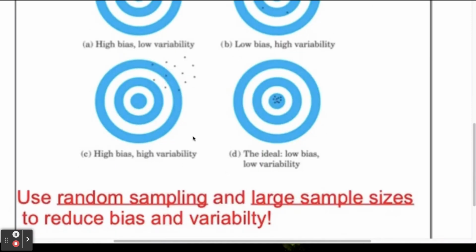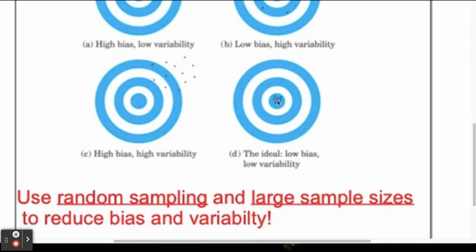Example C, high bias and high variability. There's a lot of variability here because they're all spread out. But if I think of this dartboard as quadrants, they're all in this upper right-hand quadrant, so there is bias there. And then this is the ideal, where there's low bias and low variability. This is what we're aiming for.